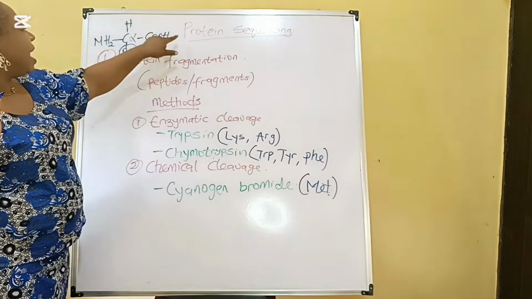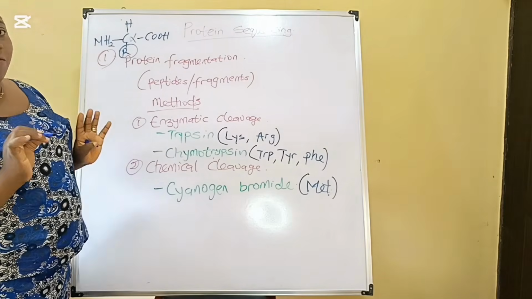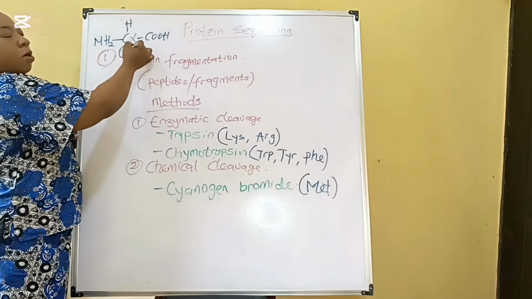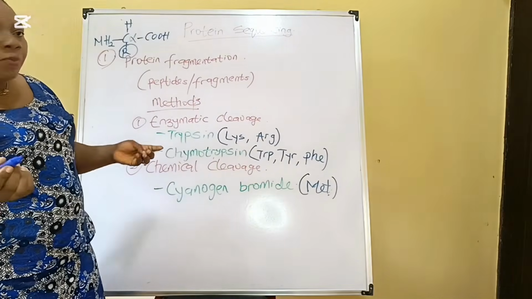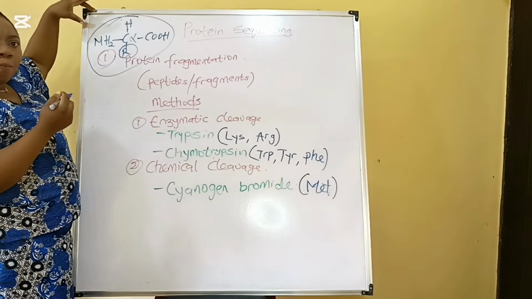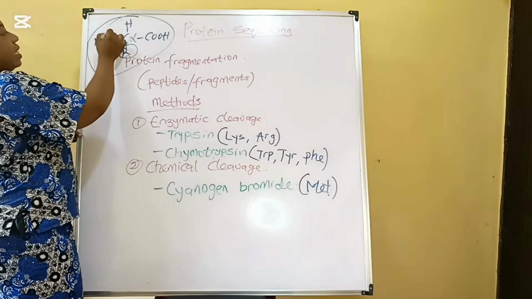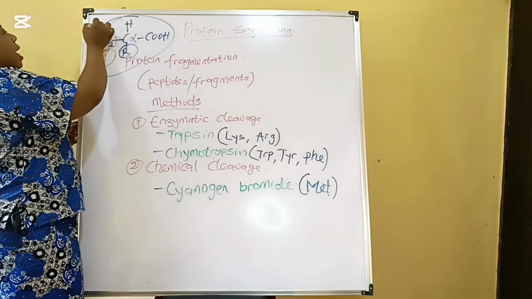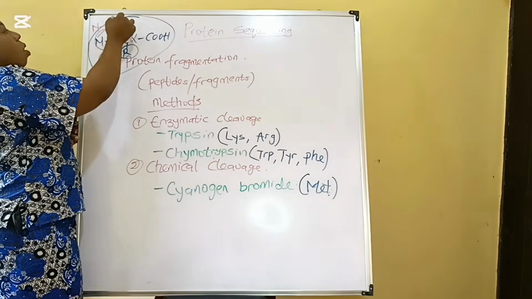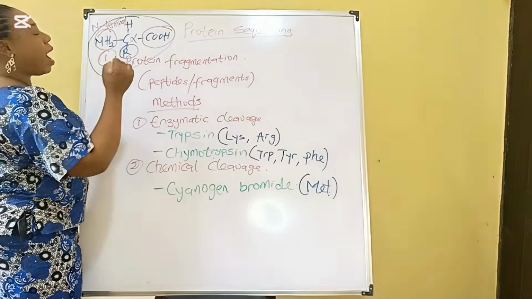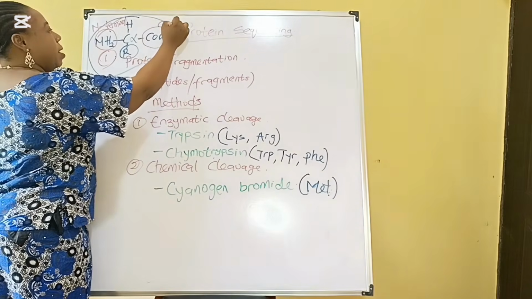This R is specific to different amino acids. So if you change this to CH3, it will give you alanine, and the rest like that. Now, from this basic structure of amino acid, the side with the amino group is referred to as the N terminal, while the side with the carboxyl group is referred to as the C terminal.